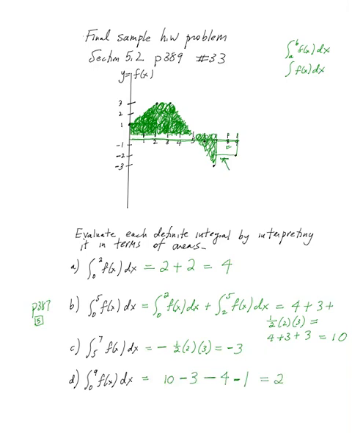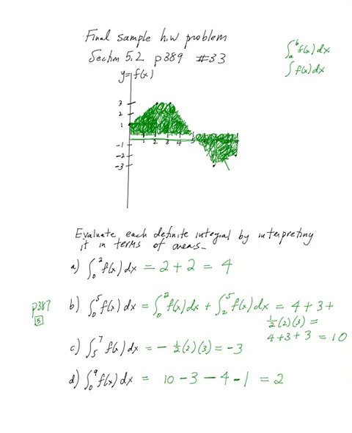What does that mean? Look back now at this entire graph. Everything's shaded now. There's 2 more square units of area above the x-axis than below the x-axis. That's the net area.